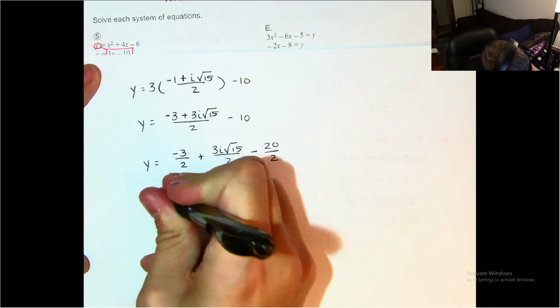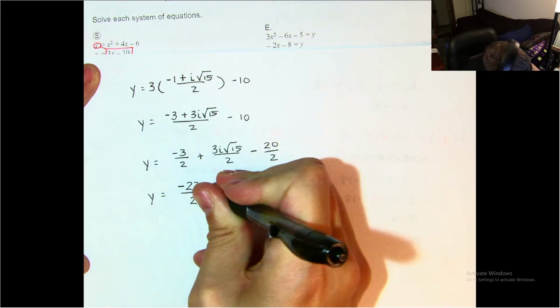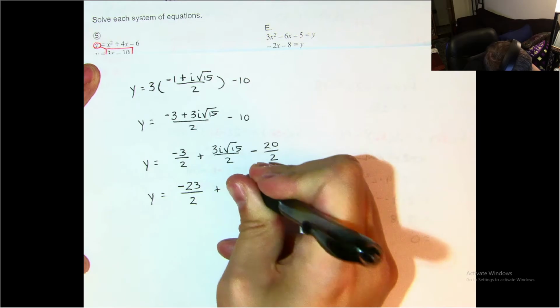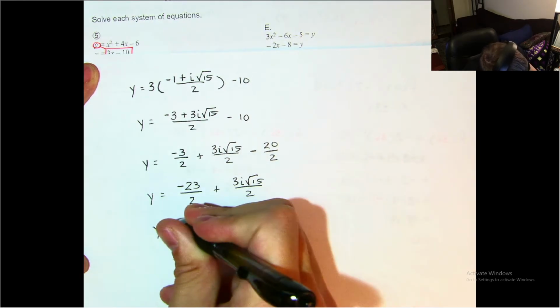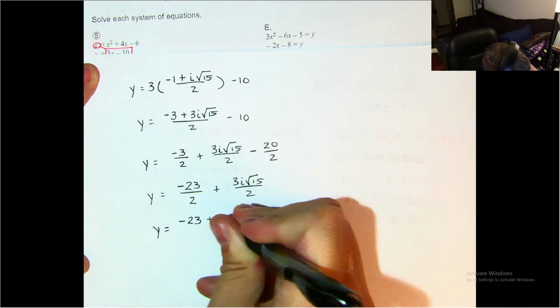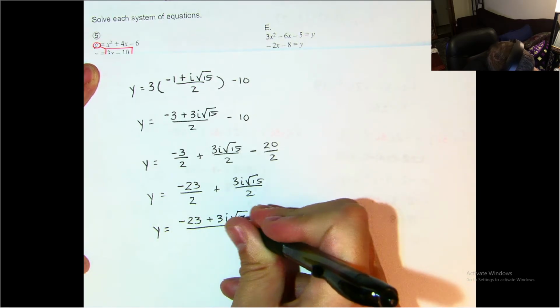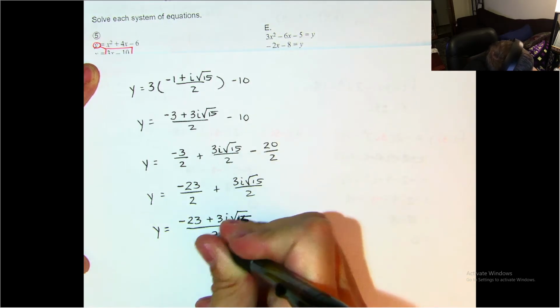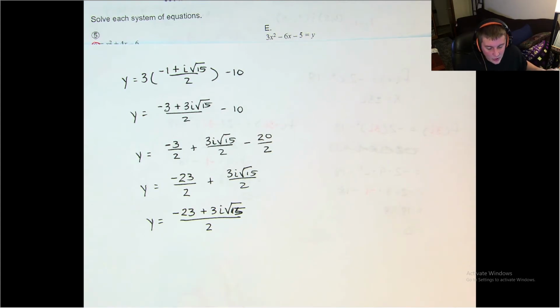And this would be y is equal to negative 23 over 2 plus 3i square root of 15 over 2, which means our y value is negative 23 plus 3i square root of 15, all over 2. Now, if you're getting a complex x variable, you're going to get a complex y variable as well.